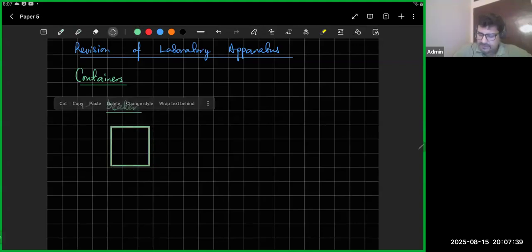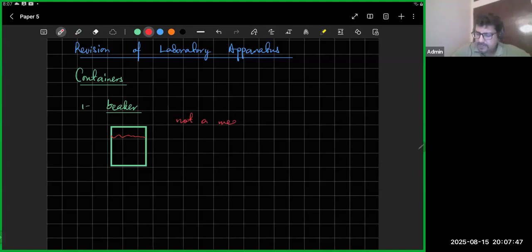That's the first thing, it's not a measurement device. You don't measure things with a beaker. उसके ऊपर there are some graduations, but those are only to tell you the capacity.